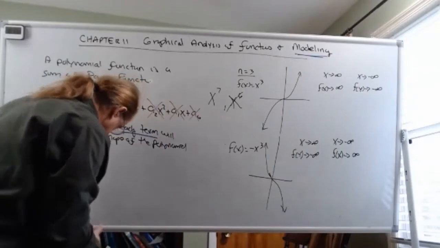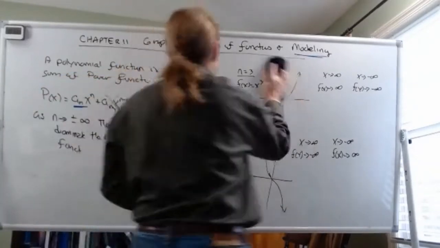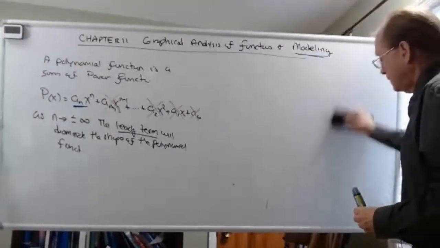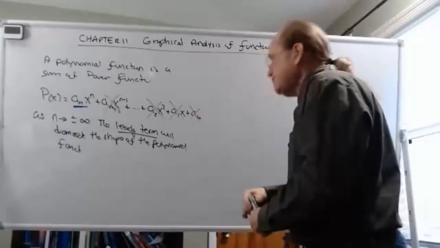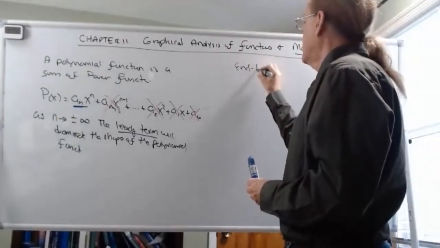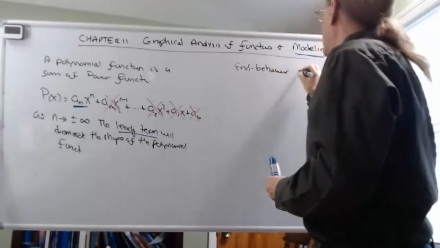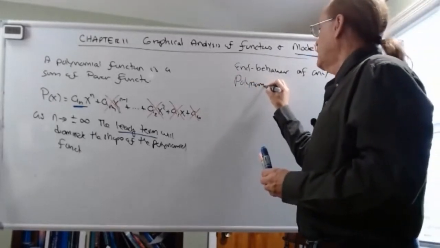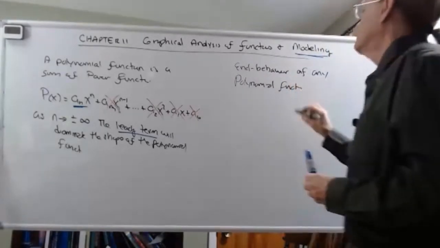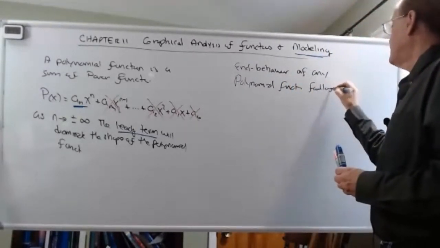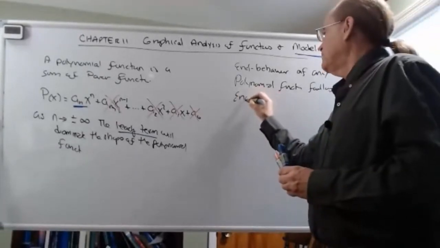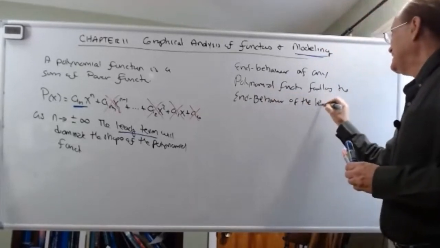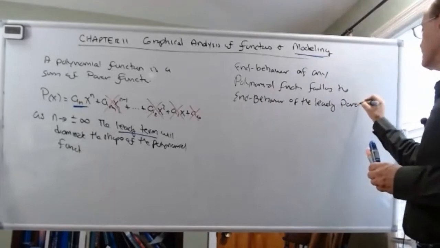So the end behavior of any polynomial function follows the end behavior of the leading power function.